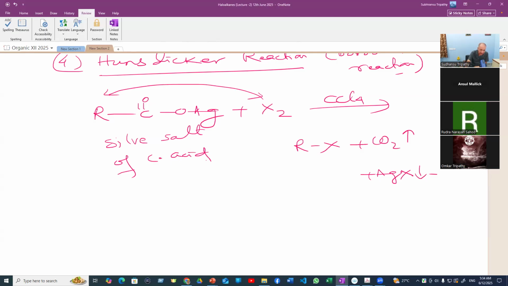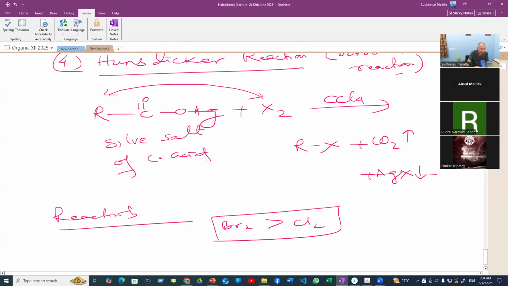Here the reactivity has been studied. Bromination is more reactive than chlorination, and 1 degree alkyl is more reactive than 2 degree alkyl, more reactive than 3 degree alkyl.